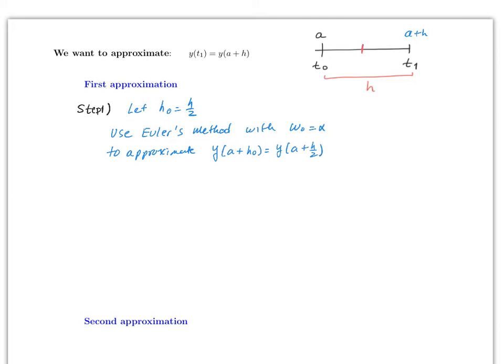So h0 is right here in the middle, and is equal to h over 2.